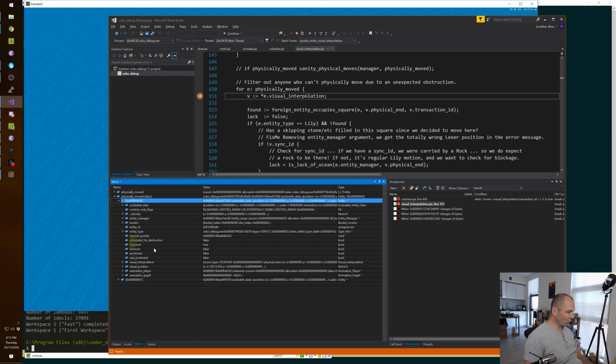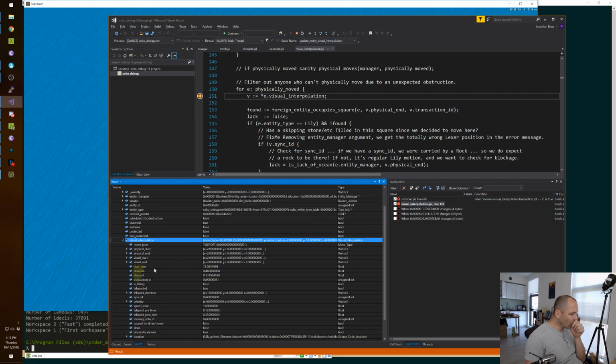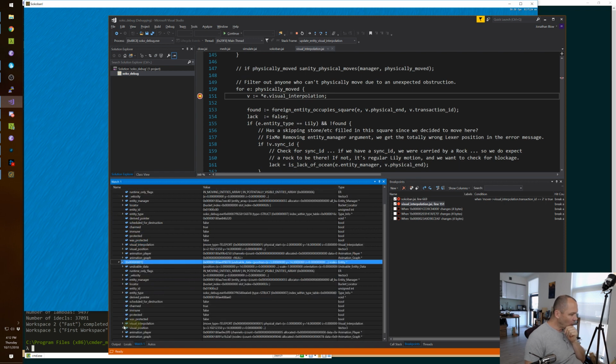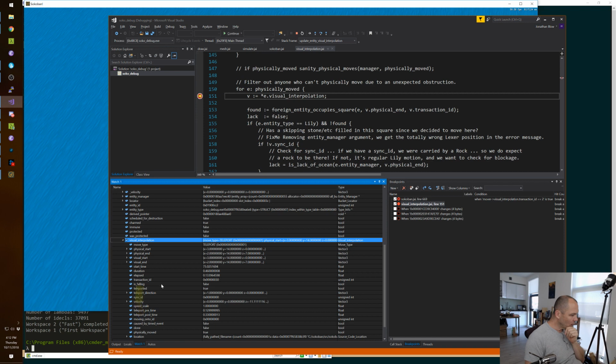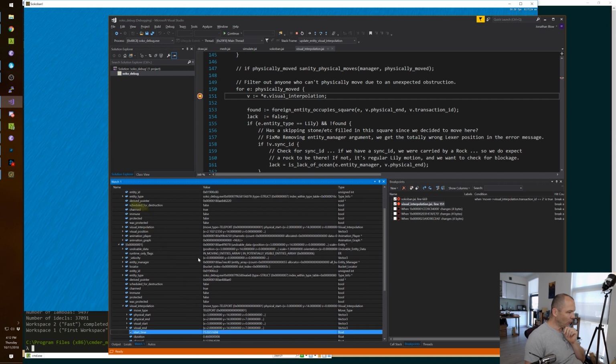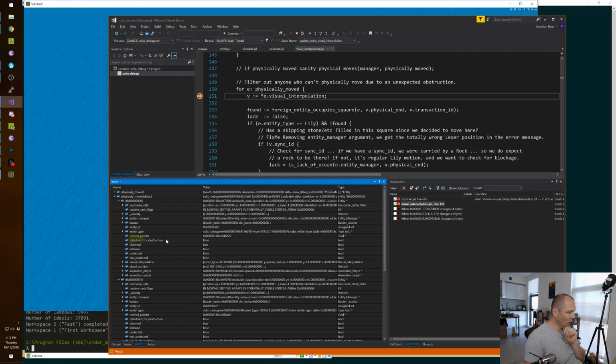Oh, well, let's check the transaction IDs first of all. This one is transaction ID 31. This one, transaction ID 30. Okay. This one has a start time that's greater than 0.